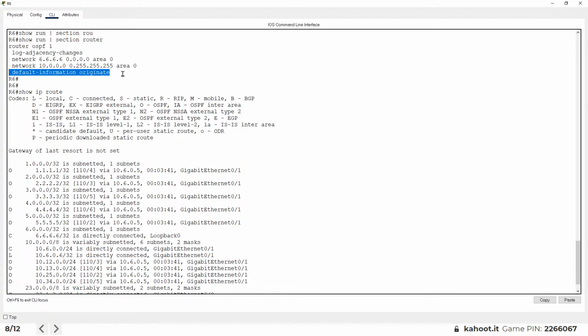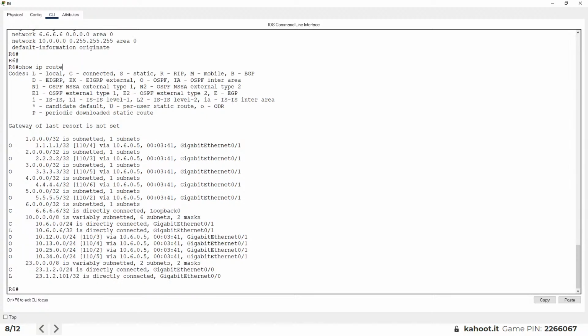On production gear, there's also an option of always, where you can type default-information originate always, and that will advertise a default route to the rest of the OSPF domain, whether or not the router with this command has a default route. In Packet Tracer, they don't implement that additional option.